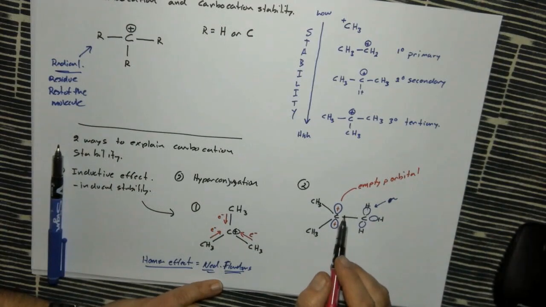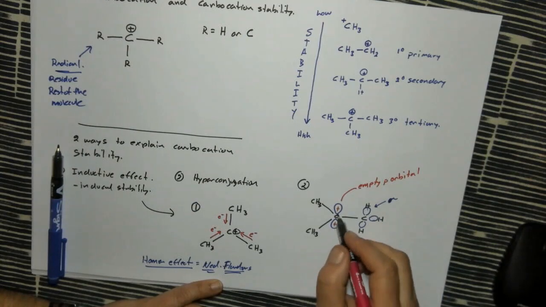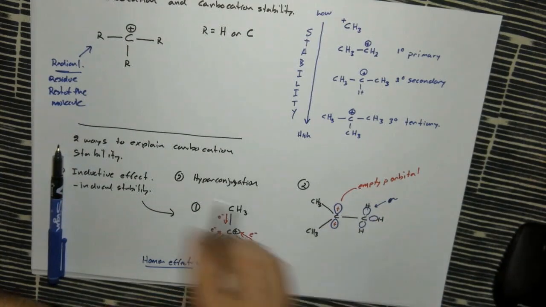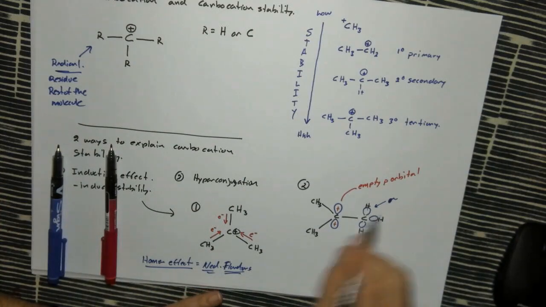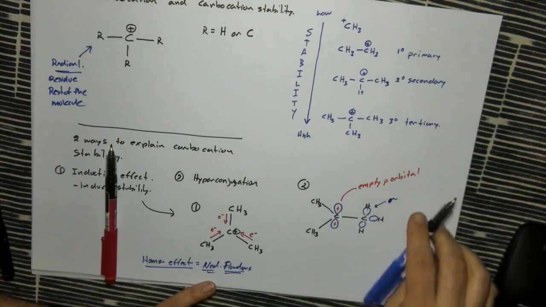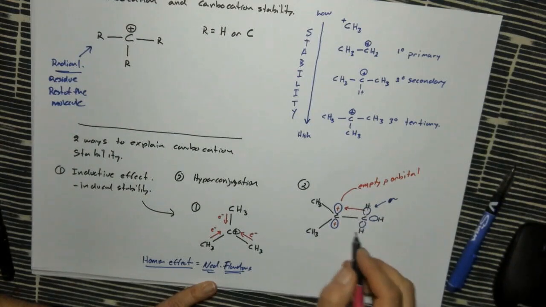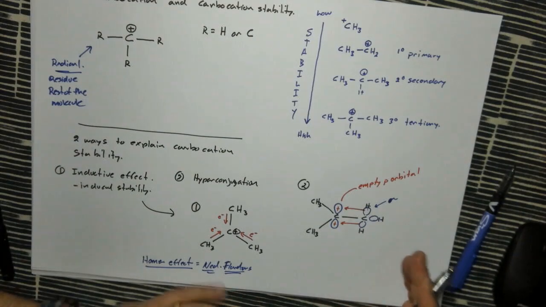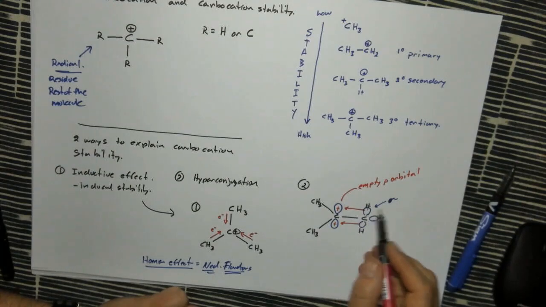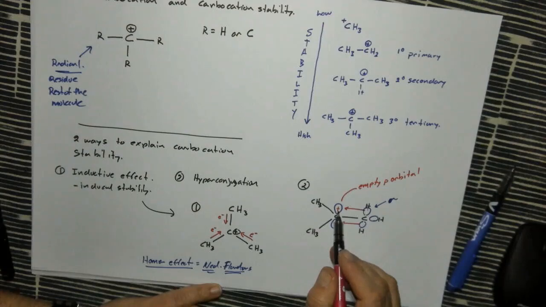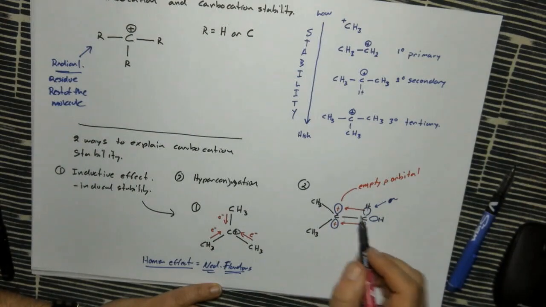And since it's an empty p orbital, and it's got a positive charge here, then what happens is that the electrons from the adjacent sigma bonds between the hydrogens actually move over, and they form a molecular orbital or a sort of pseudo bond, where there's a conjugation between these electrons in this sigma bond, which is also a type of orbital, and it joins together and forms a new sort of hybrid orbital between these empty p orbitals and these hydrogens.